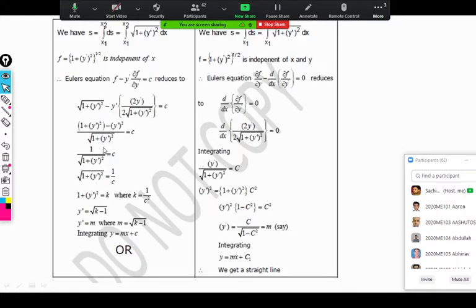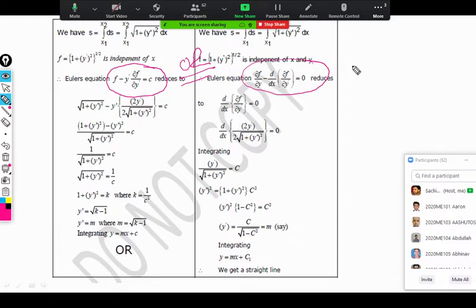You can do it either by Euler's formula, f minus y dash into dou f by dou y dash is equal to constant, or you can do the same example by the other main formula, dou f by dou y minus d/dx of dou f by dou y dash is equal to 0.